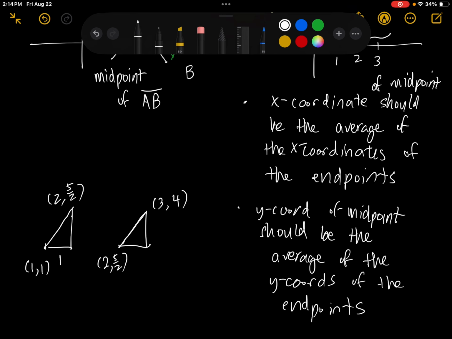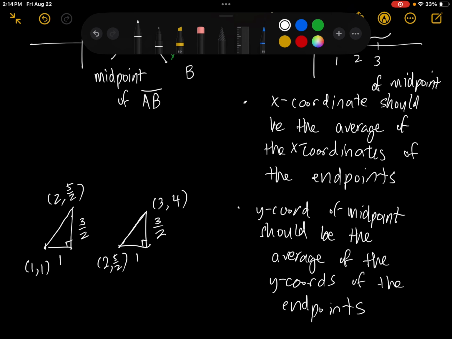That's 2.5 minus 1, that's 1.5, so that's 3 over 2. And this is a right triangle. For the other triangle, we also have a right triangle, and the change in x is 3 minus 2, which is 1, and the change in y is 4 minus 5 over 2, that's 8 minus 5, all over 2, that's 3 over 2.